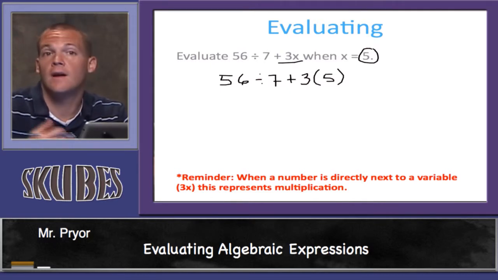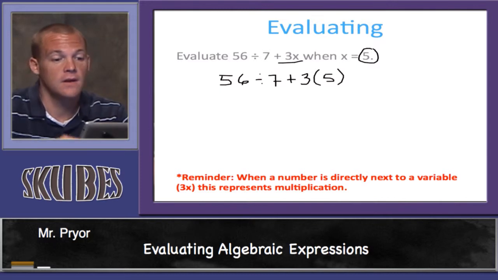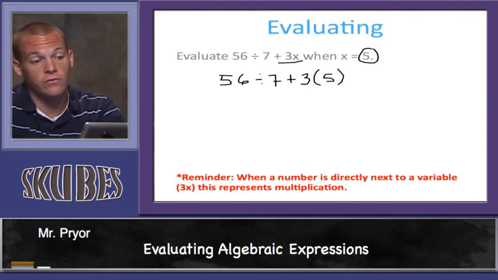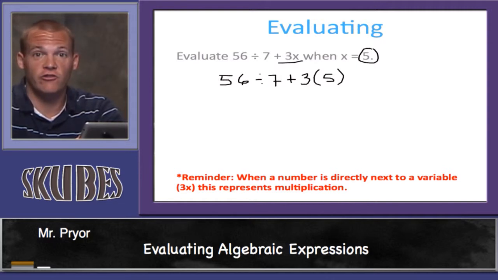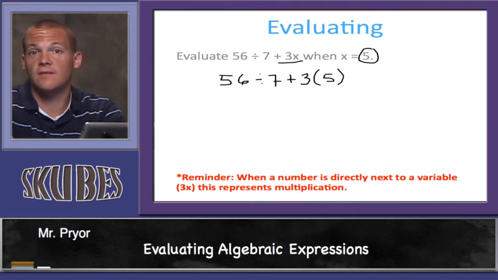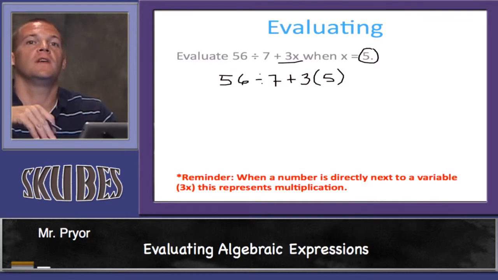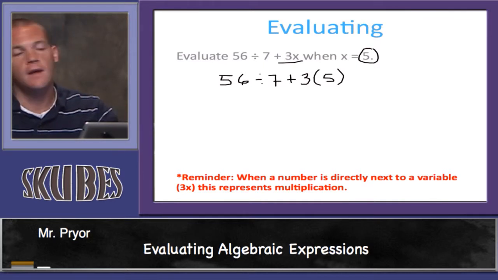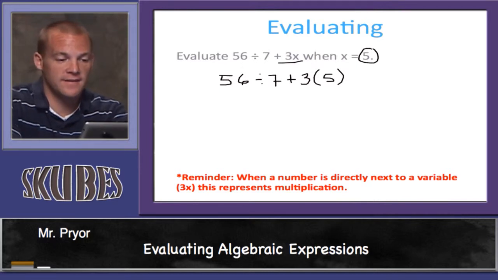In actuality, you should really just do division and multiplication first. So using order of operations, we know that we cannot add 7 plus 3 yet. So actually, the first thing I'm going to do is 56 divided by 7, because when you do multiplication and division in these types of problems, you simply do them left to right. So 56 divided by 7 is 8.